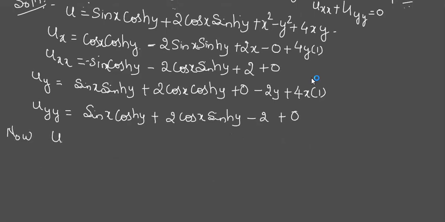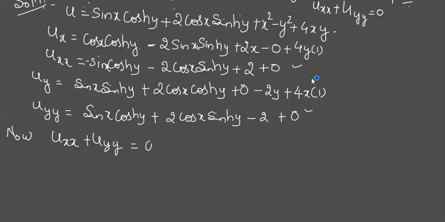Take uxx plus uyy. Suppose I substitute this uxx and uyy, I'll not show that substitution, you can just check. These two are the same with opposite sign, obviously they will cancel. These two are also the same, this is plus and this is minus, both will cancel. This is minus 2 plus 2.